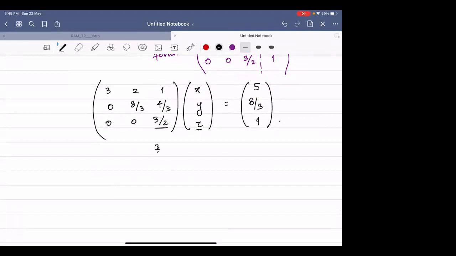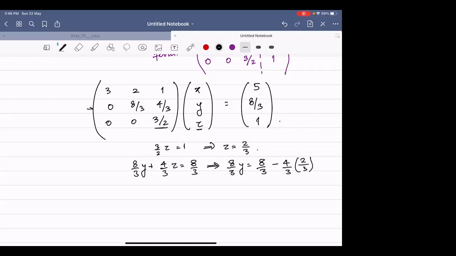This tells me 3 by 2 z equals 1, which will imply z is 2 by 3. I got z. Now from the second row, I get 8 by 3 y plus 4 by 3 z is 8 by 3. This implies 8 by 3 y is 8 by 3 minus 4 by 3, and I know z is 2 by 3.